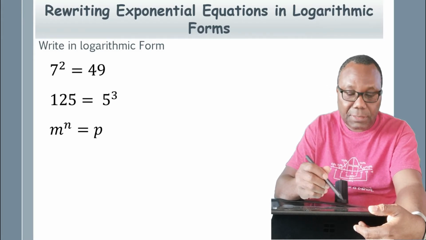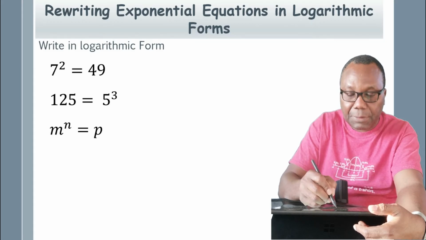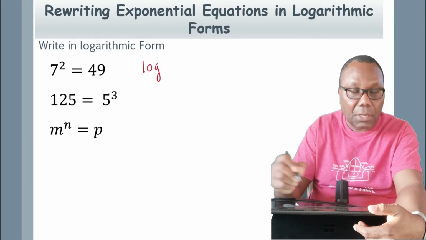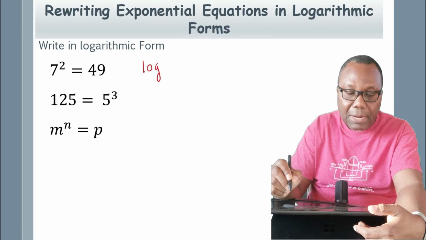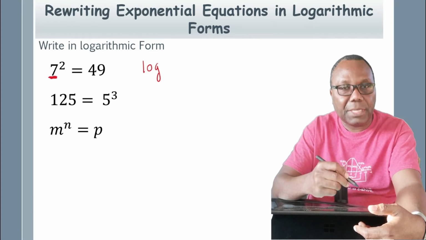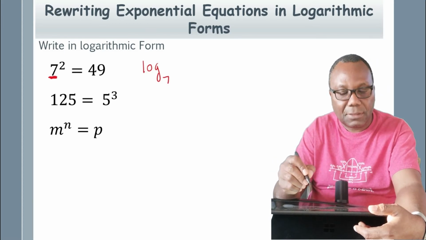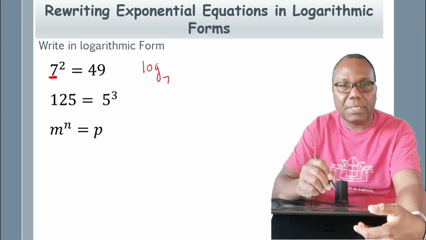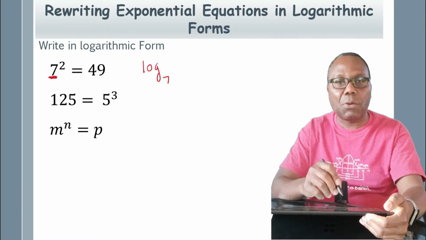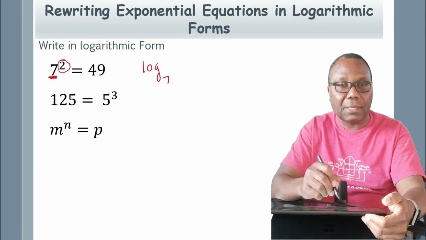So these equations can be written like this: we're going to logarithm, so we'll start with log. We always start with log if we're going to log. Now, this number 7, we remember from the previous page, is actually the base. So we put the base. And remember, the one thing you need to be aware of all the time is that the exponent is the log.